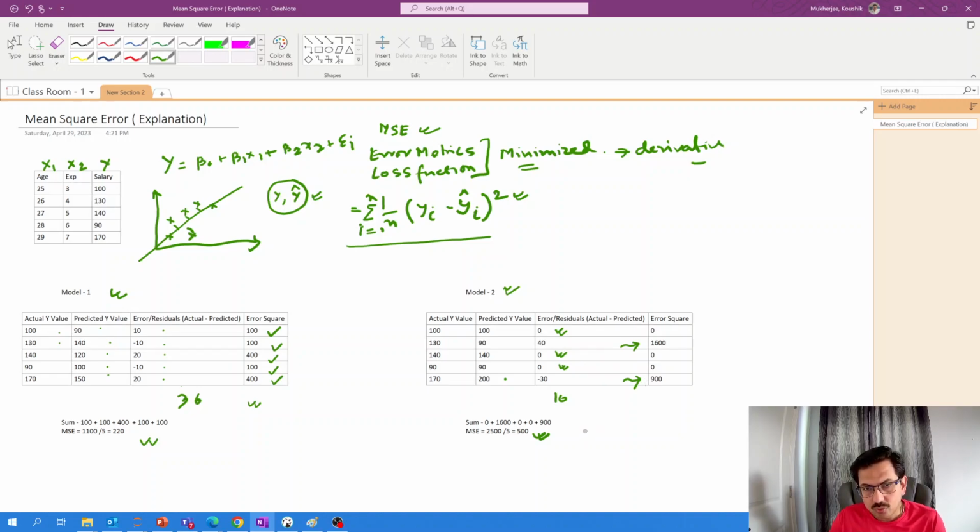By squaring the error, we penalize models that have predictions that are really wrong or have a large difference.